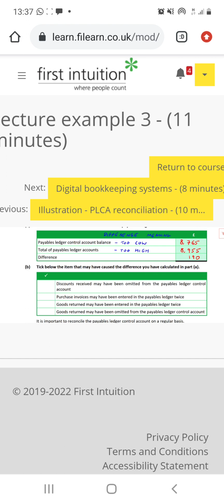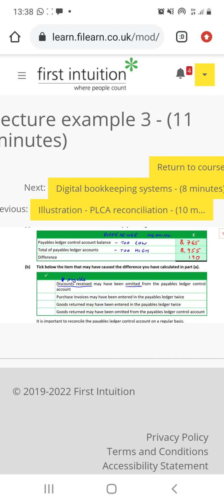First one I've got here, discounts received may have been omitted from the payables ledger control account. So remember, what does a discount received do? Well, if I've got a discount received, I'd be expecting that to reduce my payables, because if I receive a discount, I don't need to pay as much money out. So we reduce down our payables balance.